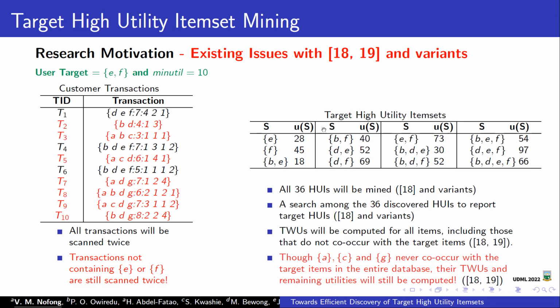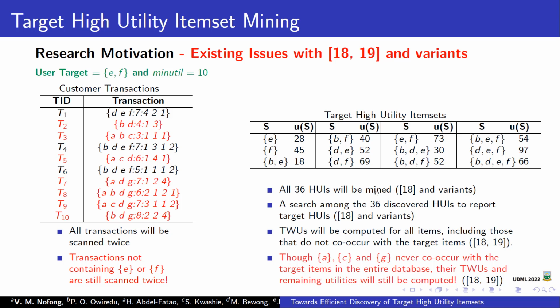So again, if we want to use the post-processing techniques, all the 36 high utility item sets which were shown previously will have to be discovered. Then a search through the 36 will report the 12 targeted high utility item sets which contain E and/or F. Another challenge is that they will compute the transaction-weighted utilities of all items, including those items which never co-occur with the user targets.